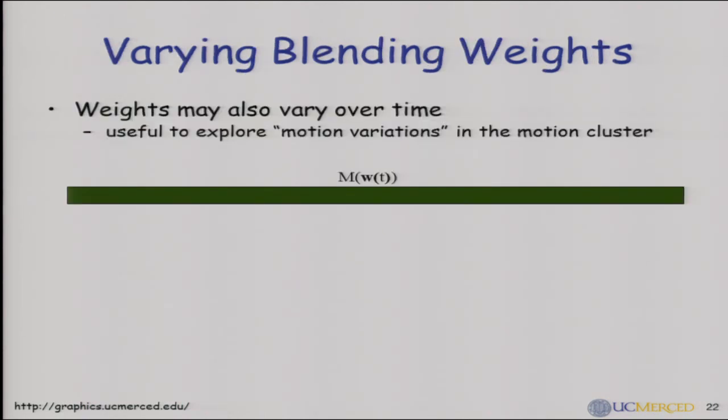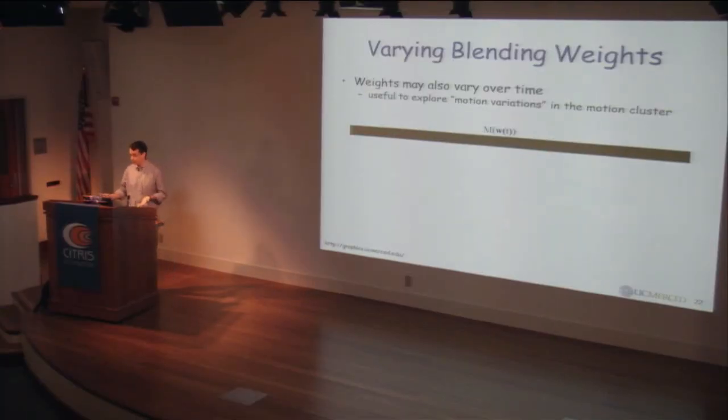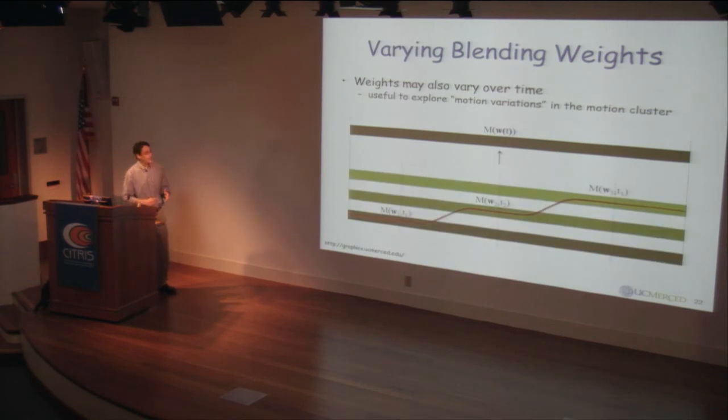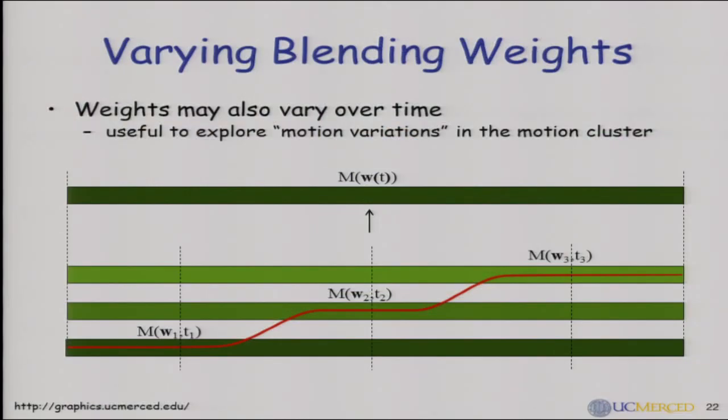Now, what is interesting about this approach is that we don't really need our blending weights to be fixed over time along the duration of the motion. So we can have these weights vary, and that opens the possibility to do more search in order to adapt to the new environment.